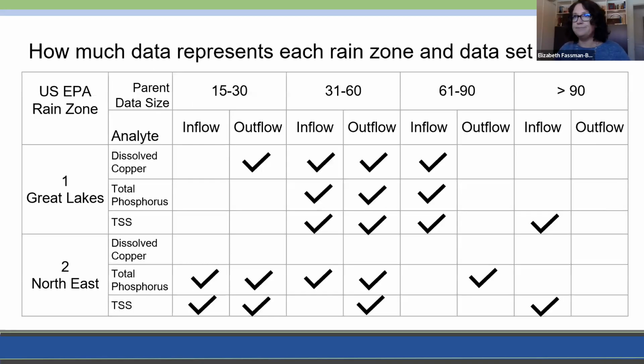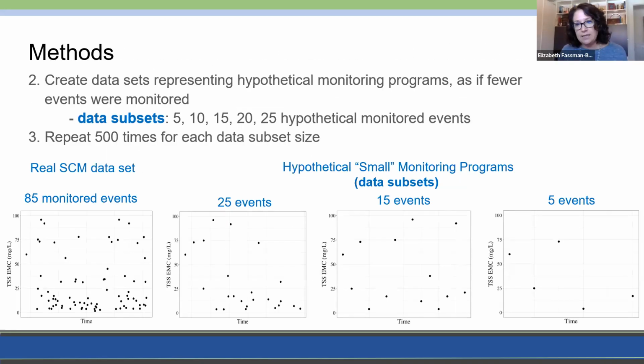So we take these real data sets, our parent data sets, and our goal is to figure out if we were able to conduct a smaller monitoring program and therefore save money, effort and resources, if we could develop a smaller monitoring program that adequately represented the real data set, how many samples would that be?